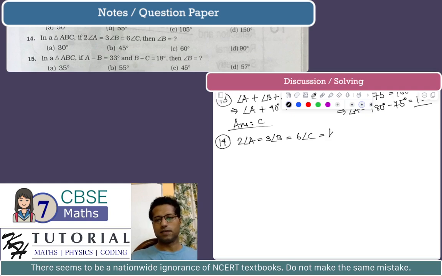Then you will find angle A, angle B and angle C in terms of K, and then you will add A plus B plus C equals 180 degree, and you will find the value of K.